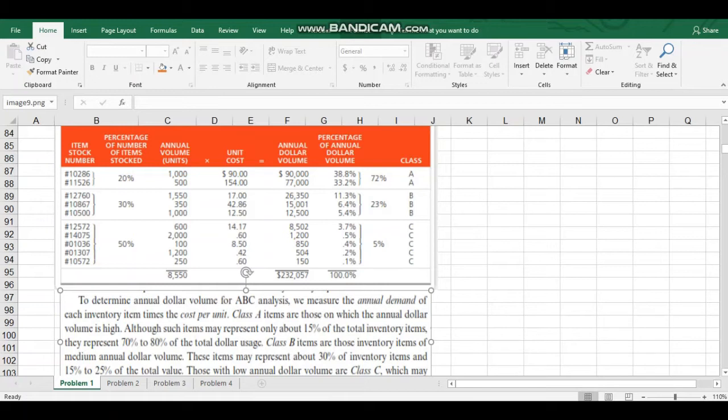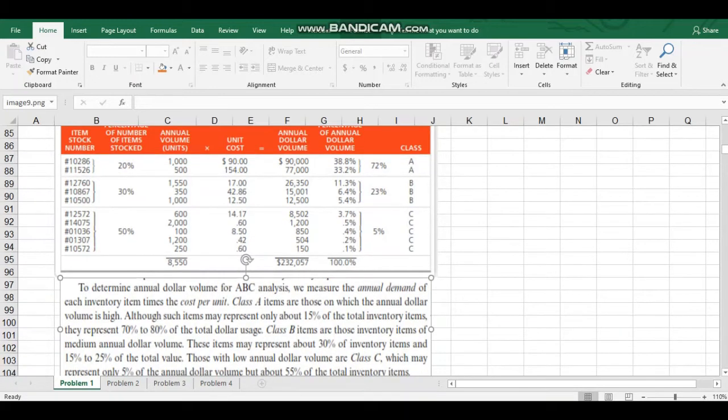And although such items may represent only about 15% of the total inventory items, so they are only judged by the annual dollar volume, not by how big they are in the inventory.